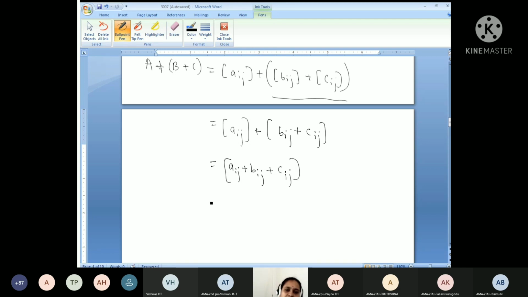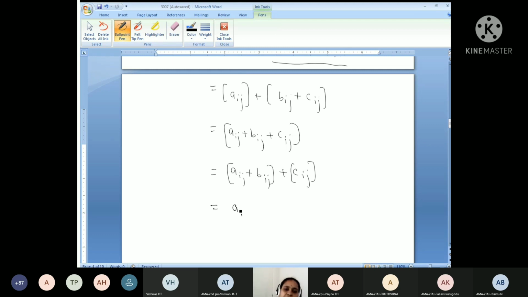Can I write the same matrix like this: (Aij plus Bij) plus Cij? This is also the same thing, right? So what will it become?